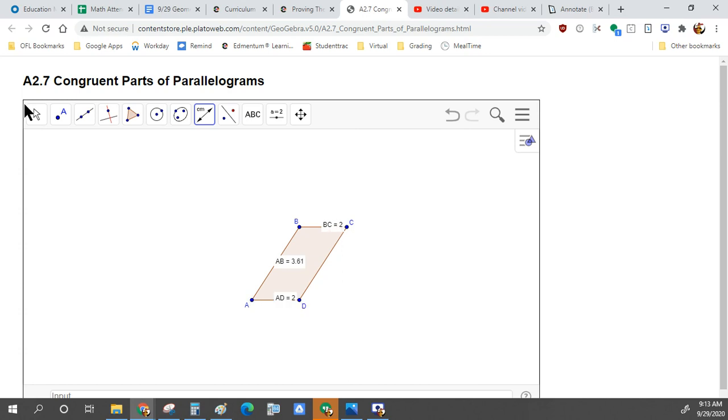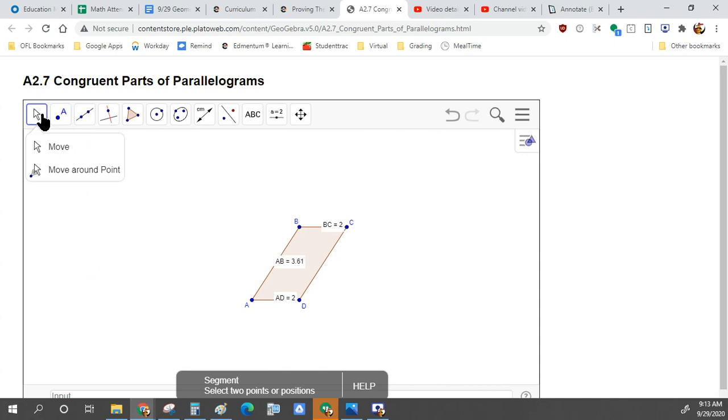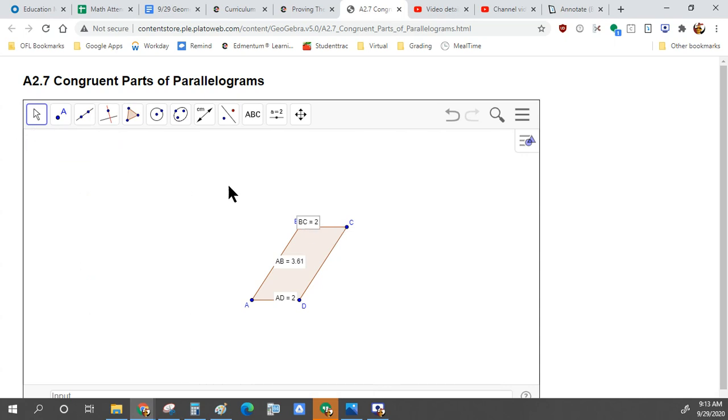Give me a second here, I need to move this out the way. And that way, if I move this around and do something stupid like this, I still know that this is referring to this side.